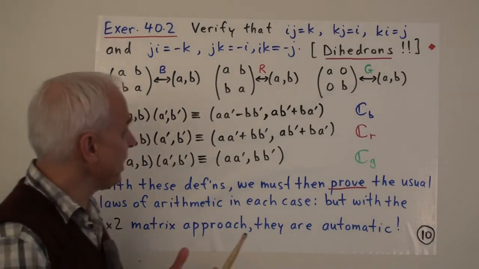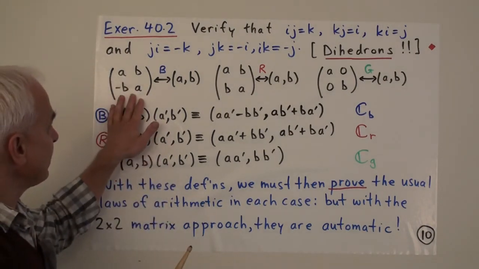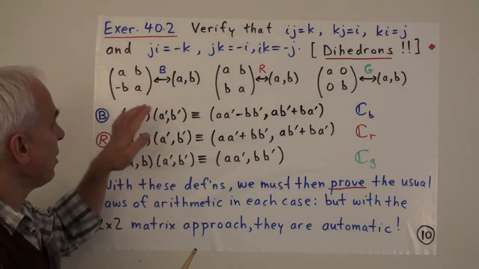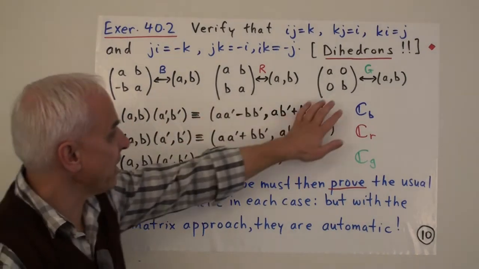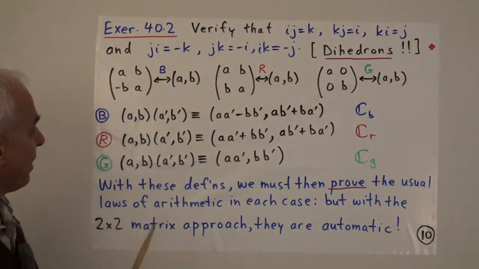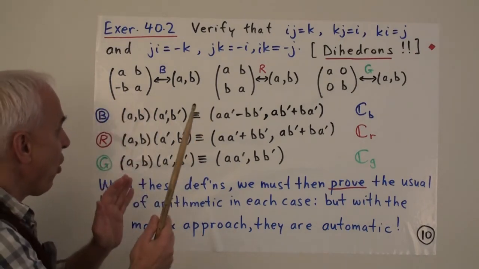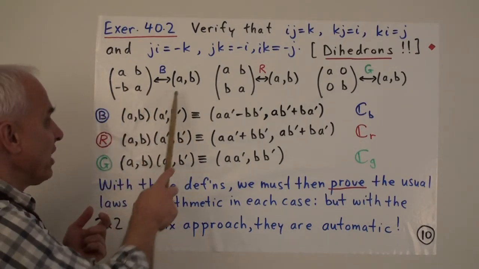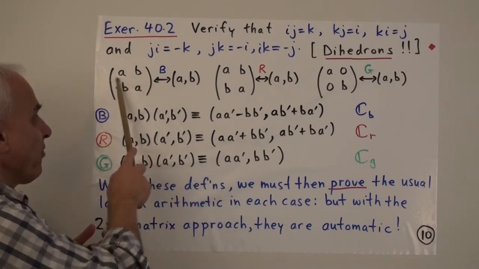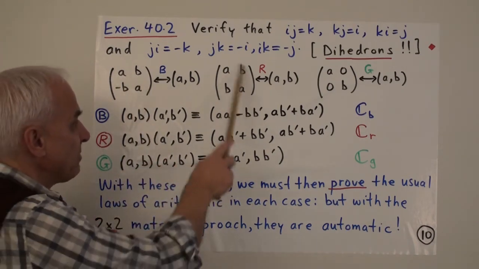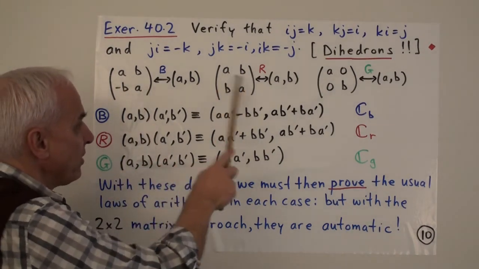Okay, so what we've done here is we've started with these blue complexions, red complexions, and green complexions. And I've shown you that, in fact, we could encode such a matrix more efficiently by just recording the top row. And we can encode this matrix more efficiently just by encoding the top row.